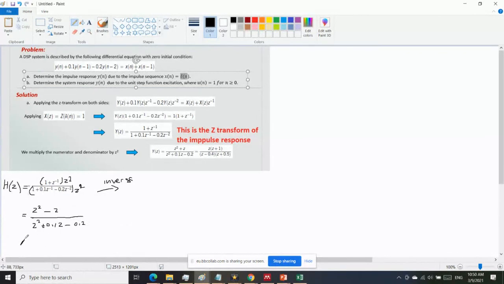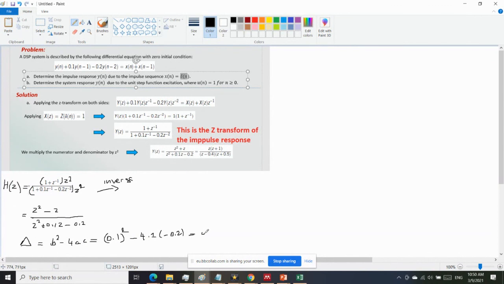Now what are the poles here? Let's compute delta. Delta is b squared minus 4ac. For us, 0.1 squared minus 4 times a, which is 1, and c, which is minus 0.2.